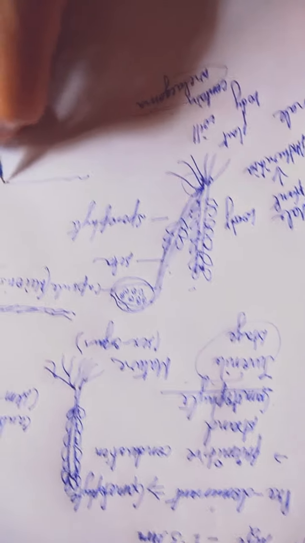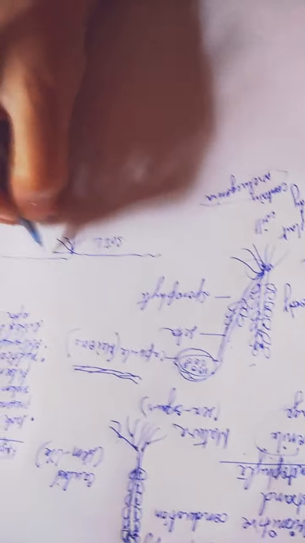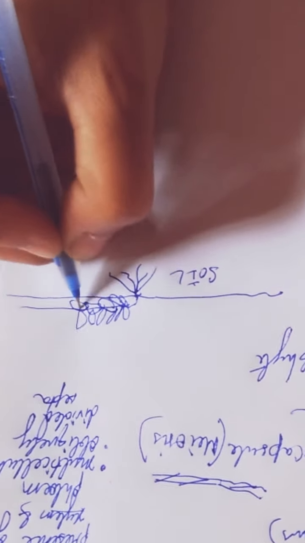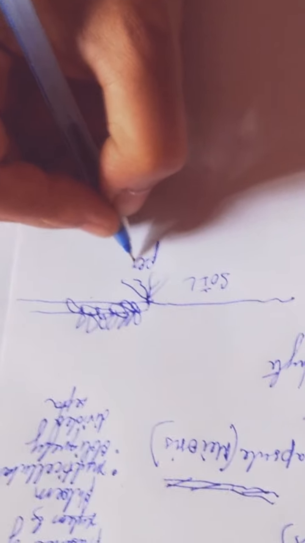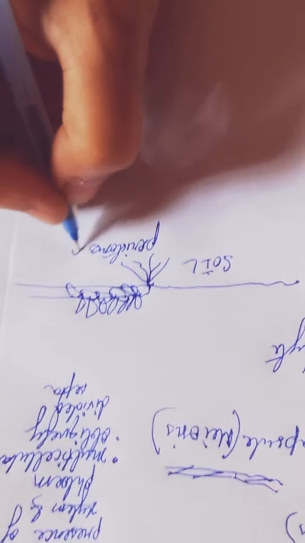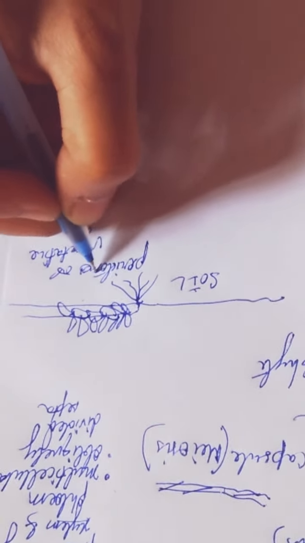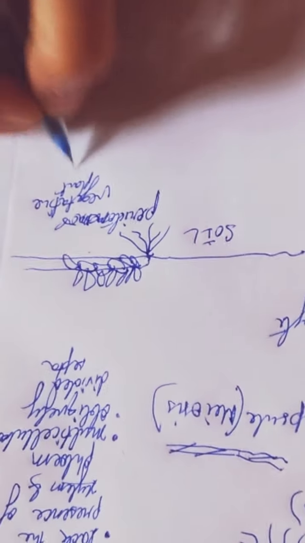Suppose this is the structure, or suppose I will just label it as soil. So the rhizoid will be over here, and the entire plant body will be growing parallel to the surface of the soil. And this is a protonema, or vegetative plant body.